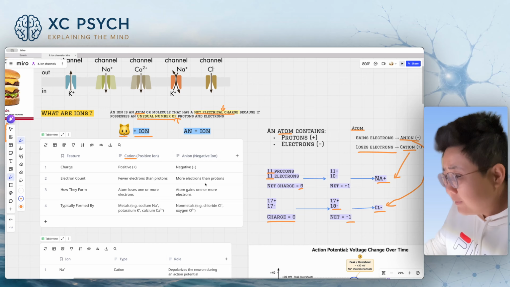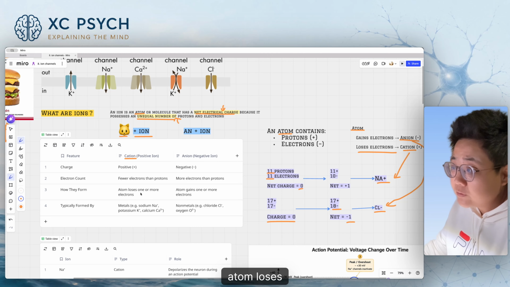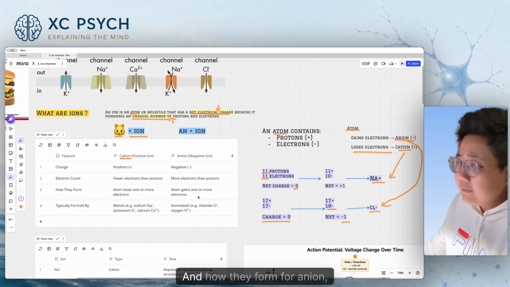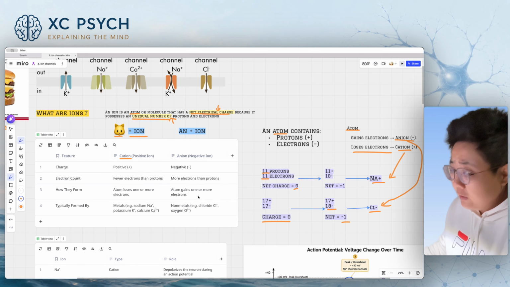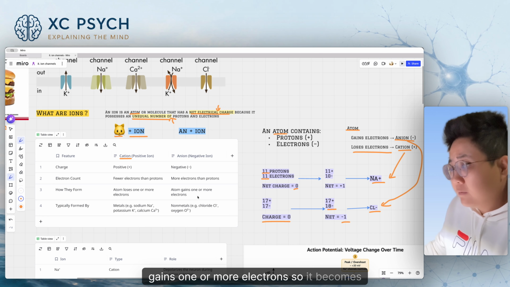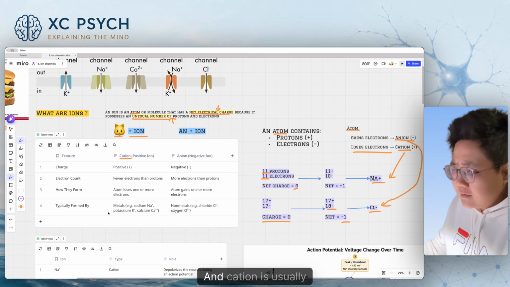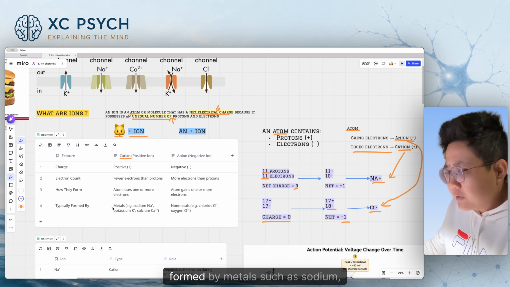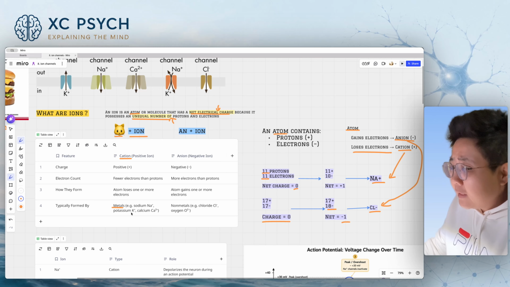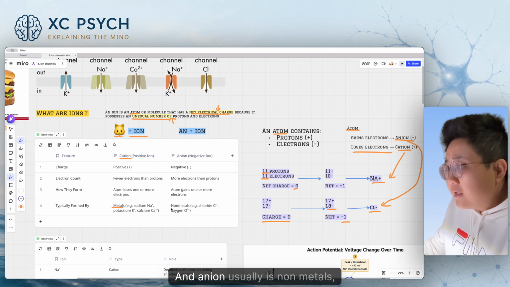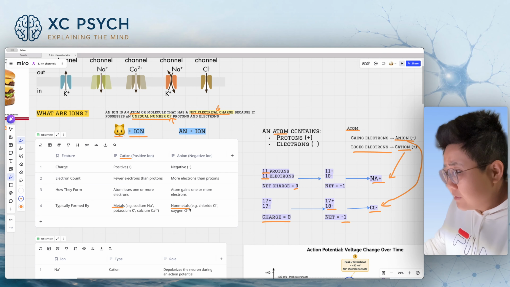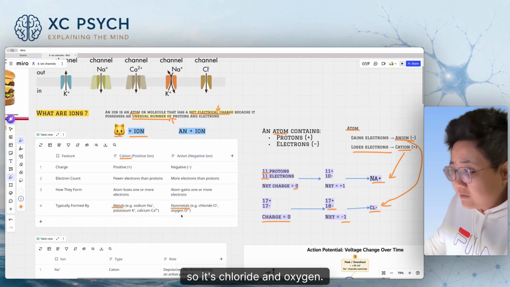How they form? Atom loses one or more electrons, so they become positive. And for anion, it gains one or more electrons, so it becomes negative. And cation is usually formed by metals such as sodium, potassium, calcium. And anion usually is non-metals, so it's chloride and oxygen.